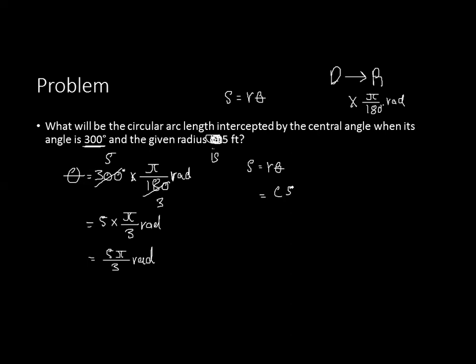Our radius is 5 feet and our angle is 5 pi all over 3 radians. So our final answer would be 25 pi all over 3 feet.